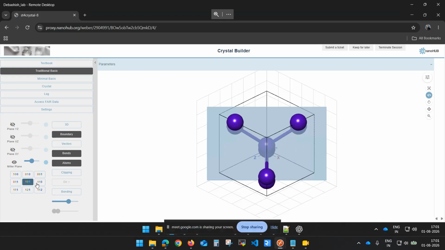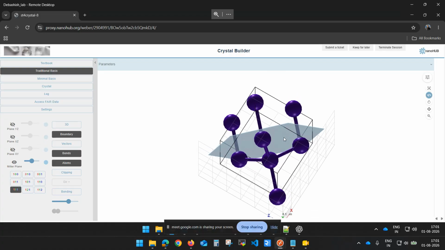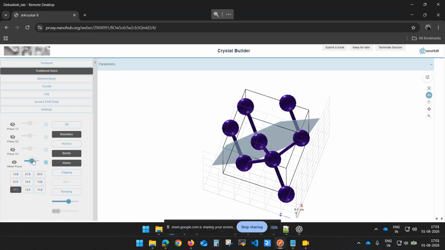Then I can have 1 0 1, then I can have 1 1 1. So how many atoms should be there? You can move this plane up and down to check how many atoms lie in the Miller plane. These Miller planes are important because along these planes you cleave the material.